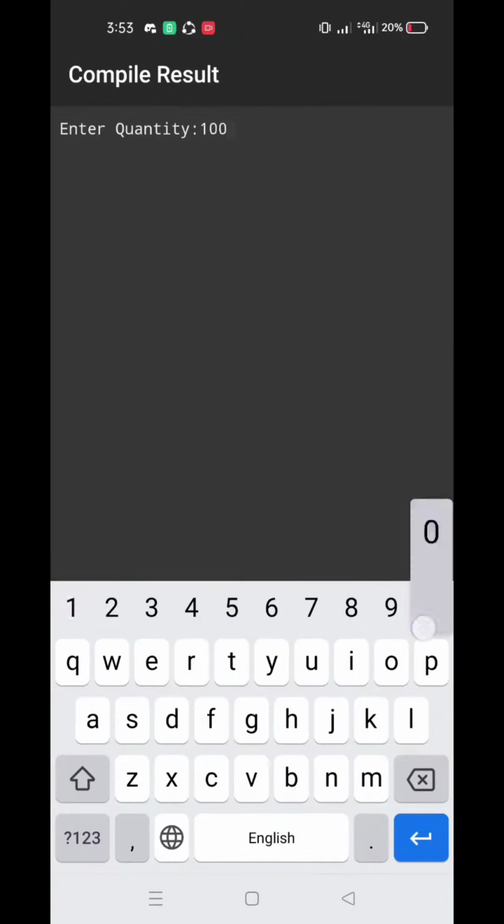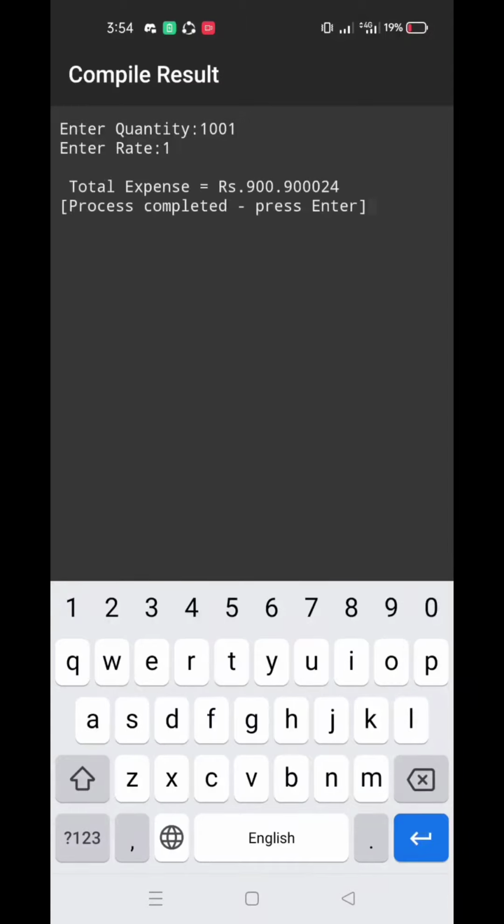Quantity 1,000. Rate 1. Total expense 1,000. Same. So let's say more than 1,000. Now let's say 1,001. Then the rate is 1. So it is 900 because we have a discount. The discount is 100.